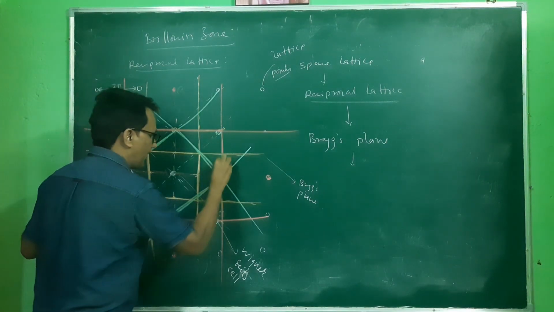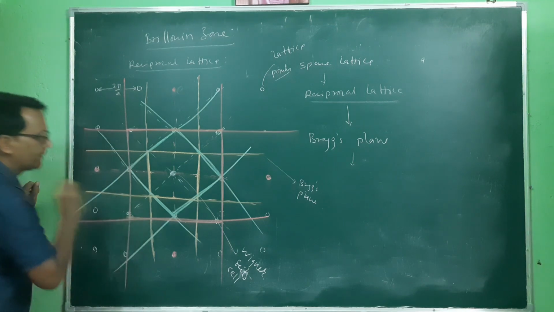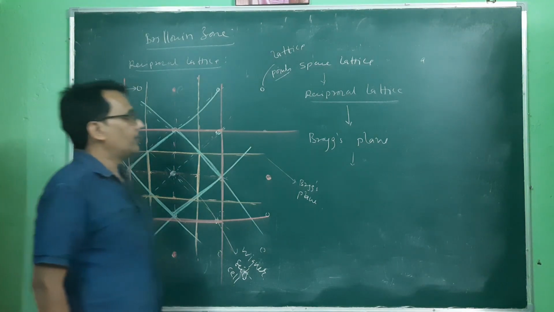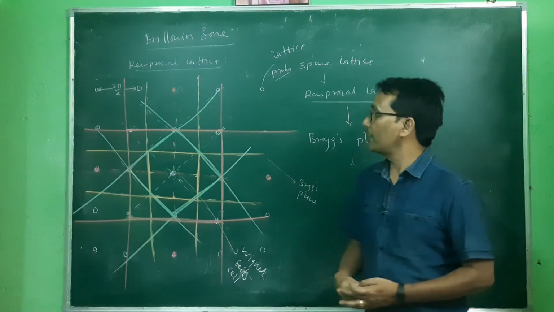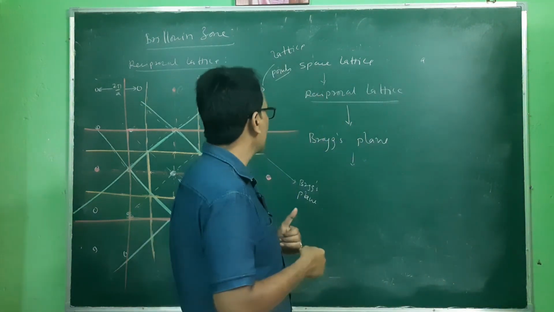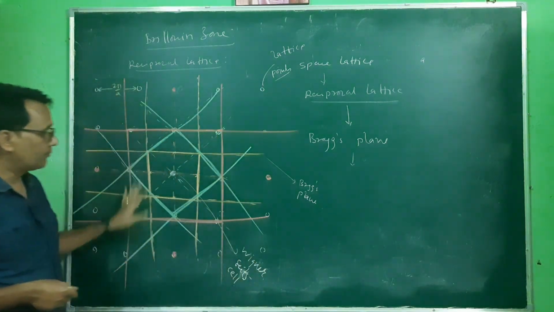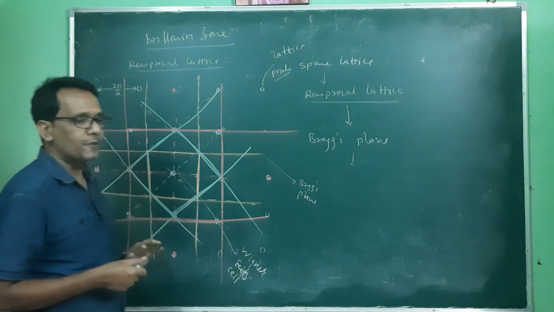So the first step is we take the periodic arrangement of the reciprocal lattice space, and then we draw the different sets of Bragg's planes.